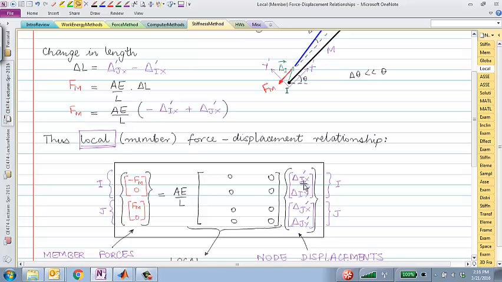This number is going to multiply delta Ix prime, right? So delta Ix prime has a minus, meaning it should be -1, and this one should be +1. Sorry, it should be the other way around because this is a minus here.